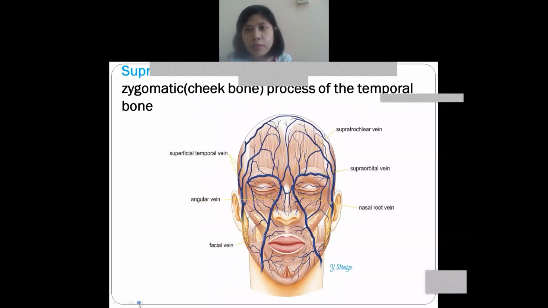Okay, next, the supraorbital vein begins near the zygomatic process of the temporal bone. The supraorbital vein, which is this portion, begins near the zygomatic. Zygomatic means cheekbone. This is your cheekbone.